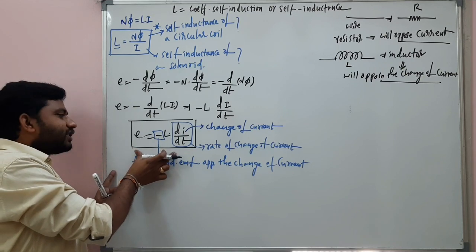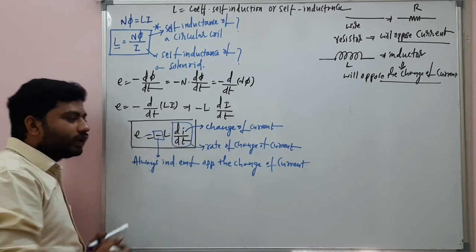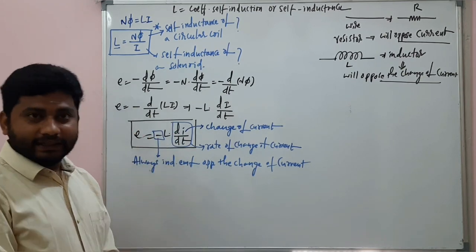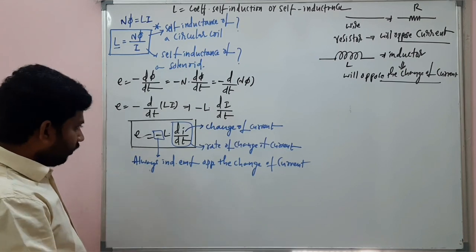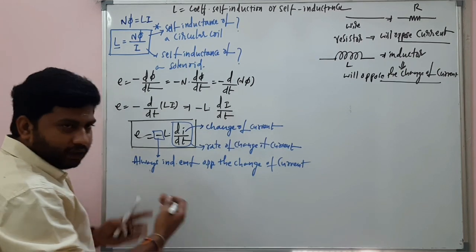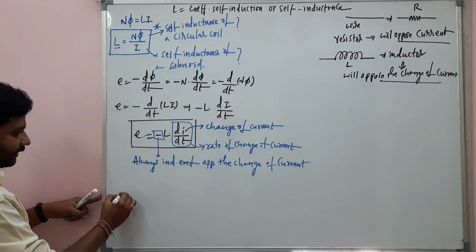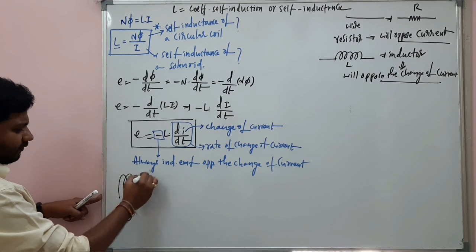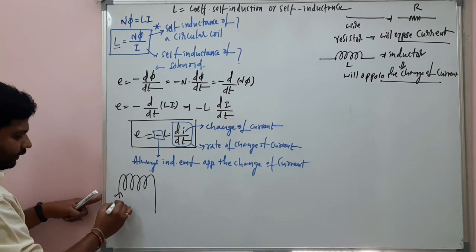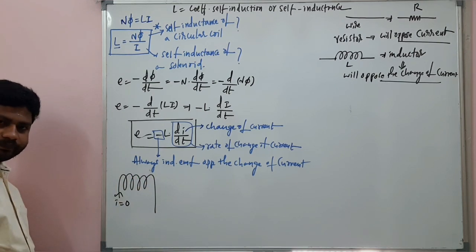The induced EMF expression we have got is minus L into di by dt. Clear? Now look at the interesting thing here. Imagine, let me draw three different diagrams. In one diagram the current passing through is 0.